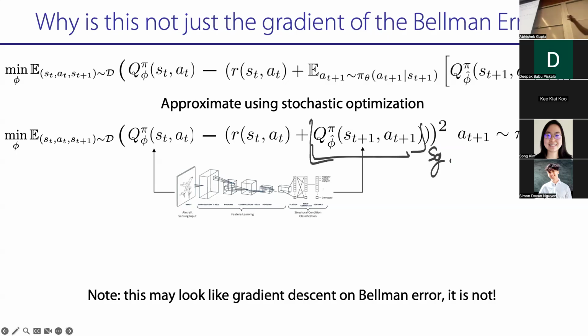You don't want both sides changing all the time. It's like trying to hit a target and the target is always changing. When you pass gradients to both the left and the right-hand side, it's called Bellman residual minimization, and it doesn't work very well. And so often what people will do is put a stop gradient on this side, and every so often you flip the right-hand side.